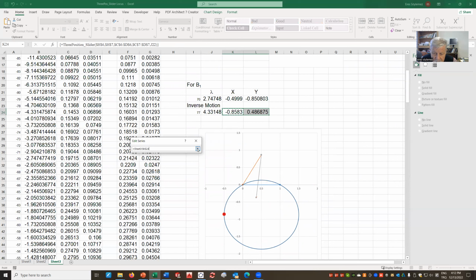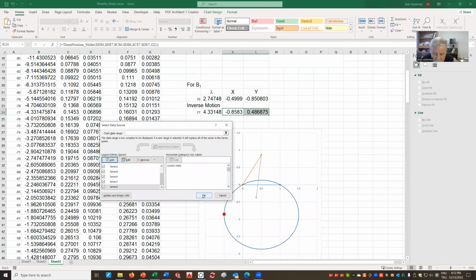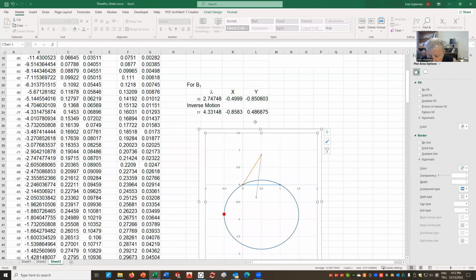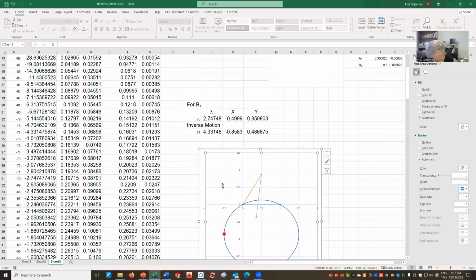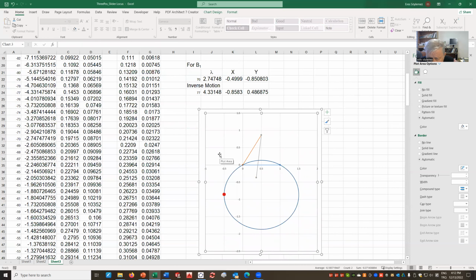Select data, add X value, Y value. Okay. Now, this is 0.85 and 4.8. It should be somewhere in here. I should be able to find it. Am I correct? Minus 0.8.